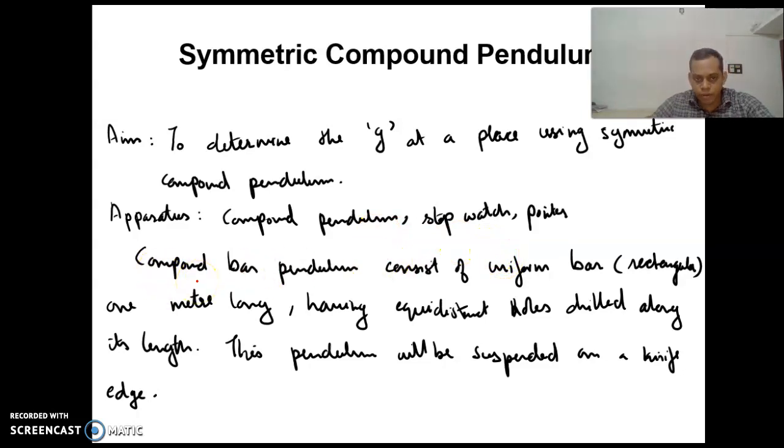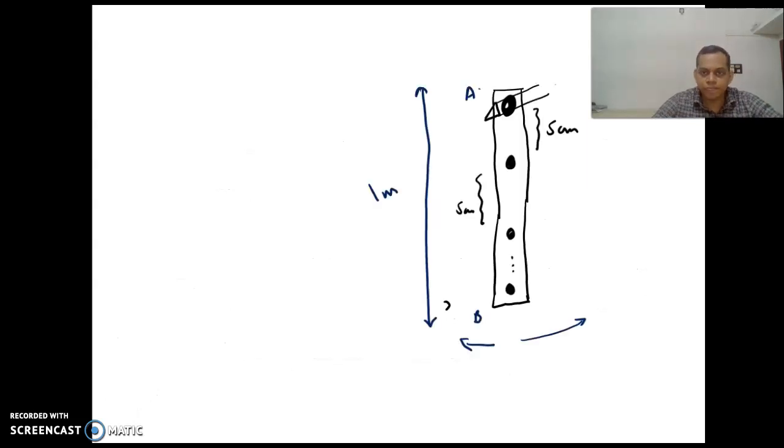Basically, a compound bar pendulum consists of a 1 meter long bar which has holes drilled in its length. The holes are equidistant and the pendulum will be suspended on a knife edge. So this is the apparatus fitting for the symmetric compound pendulum.